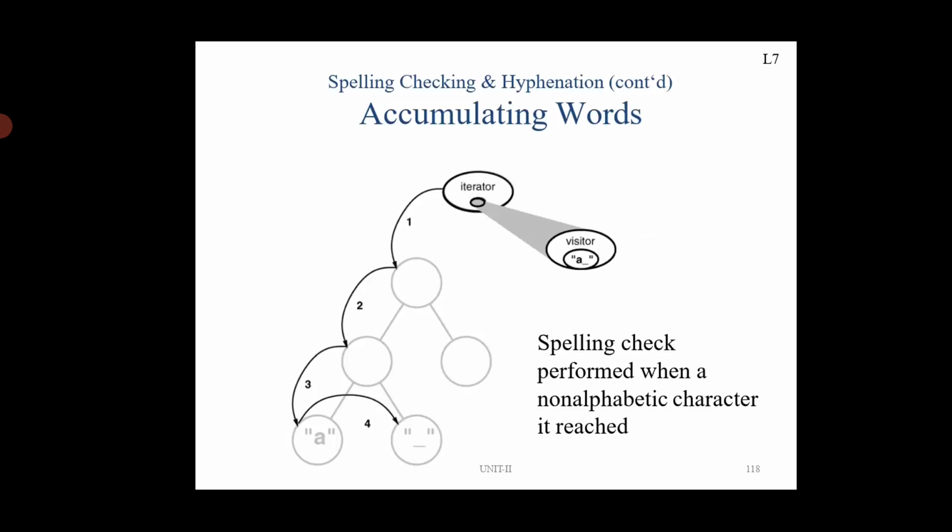We need to support the Lexi spelling checking, performed when a non-alphabetic character is reached. Okay, this is the concept of the diagrammatic representation of this object structure. We are checking spellings and hyphenation points. It will be performed when a non-alphabetic character is reached.